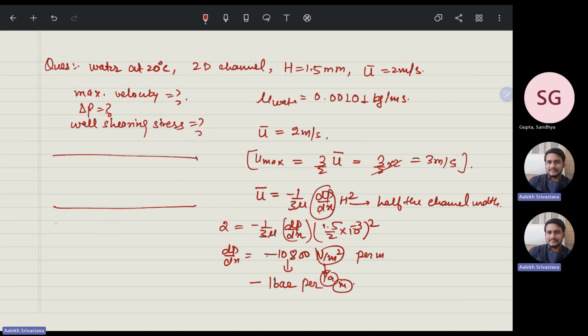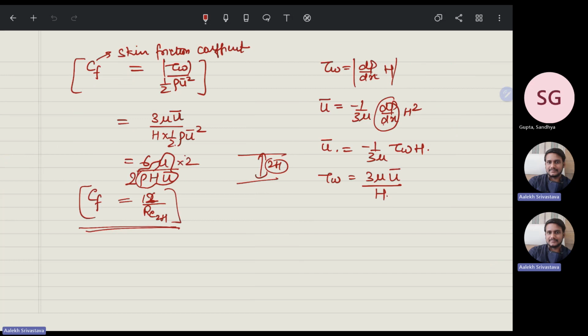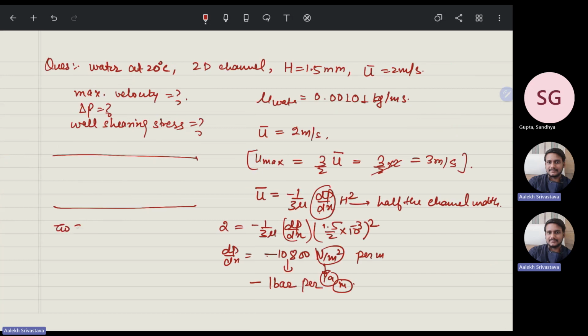Okay. Now the third question is, what is the wall shearing stress? So wall shearing stress is tau wall is equal to dp by dx into h. So h is half channel width. If you simply put 10800 into h, what we called a half channel, that is 1.5 divided by 2 into 10 raised to the power minus 3, you will get 8.08 Newton per meter square.